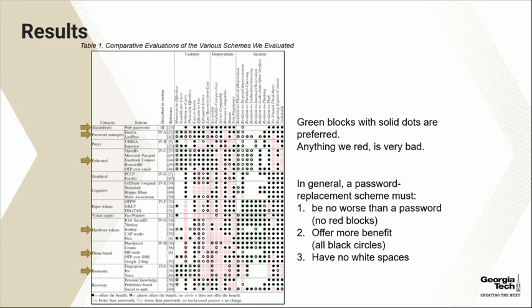But anything on the line that is red is a very bad situation. Up at the top here, we have the usability, deployability, and security. And on the right, we have the category and the schemes. In general, we want replacement schemes that aren't worse than the existing password, so they don't have any red blocks. They offer more benefits than legacy passwords, so they have black circles. And they don't have any white space.